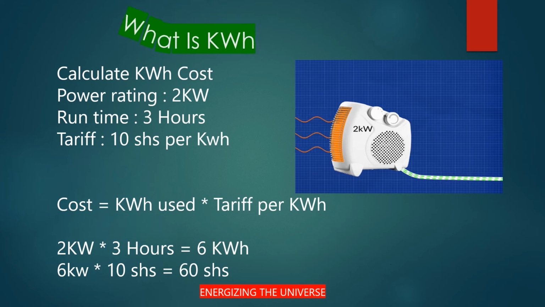If our electricity provider sells us electricity, let's say at 10 shillings here in Uganda per kilowatt hour, then 6 kilowatt hours times 10 shillings per kilowatt hour. Here the 6 kilowatt hours is the kilowatt hour used, and the 10 shillings is the tariff per kilowatt hour. So the cost will be 6 times 10, which will give us 60 shillings.